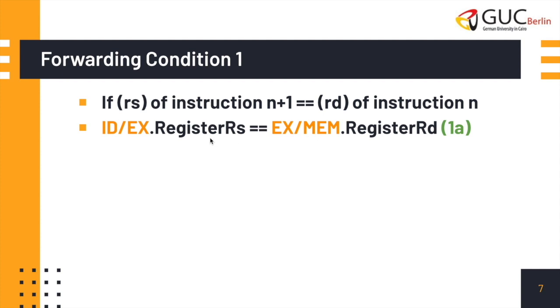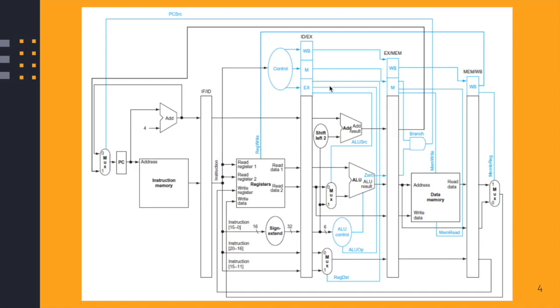Is the register RS of instruction n plus 1 equal to register RD of instruction n? Is my source register in instruction n plus 1 equal to the destination register of instruction n? As you can see, I am checking in ID/EX the register RS against the register RD in EX/MEM, because when instruction 1 is in the execute stage and finishes execution, it will store its data in the EX/MEM pipeline register, while instruction 2, which was in the decode stage, will store its data in the ID/EX register.